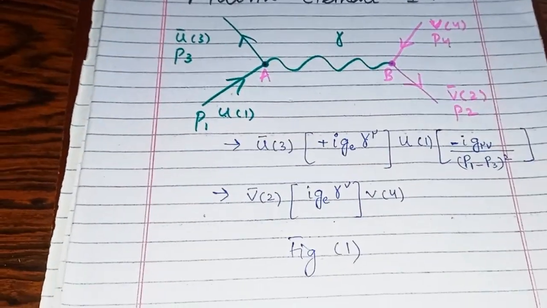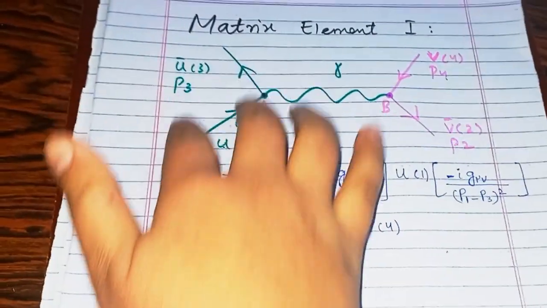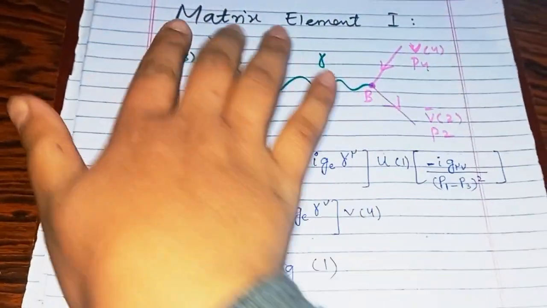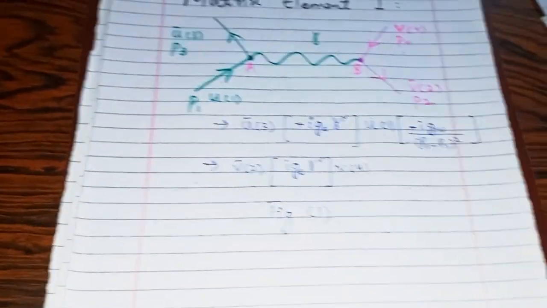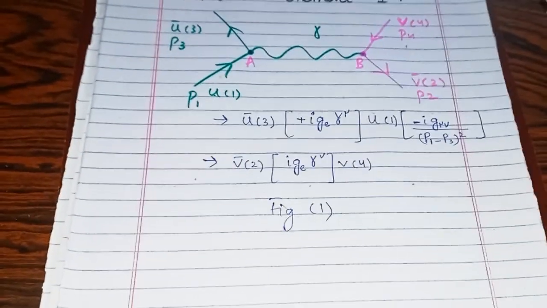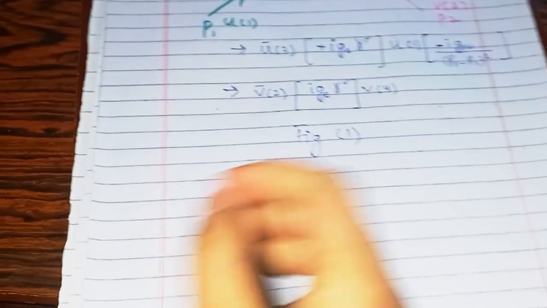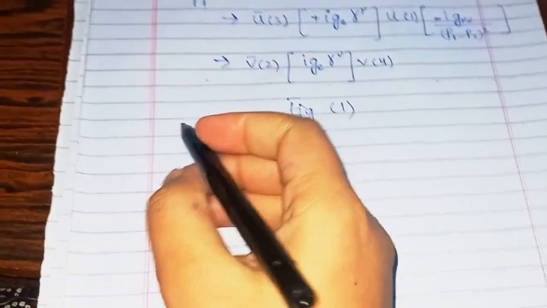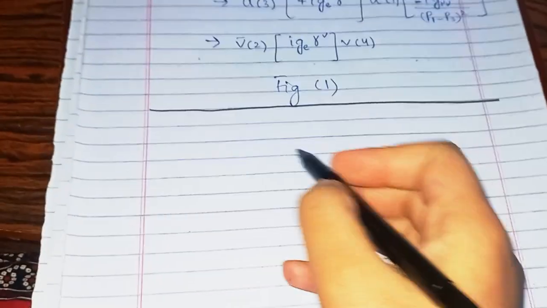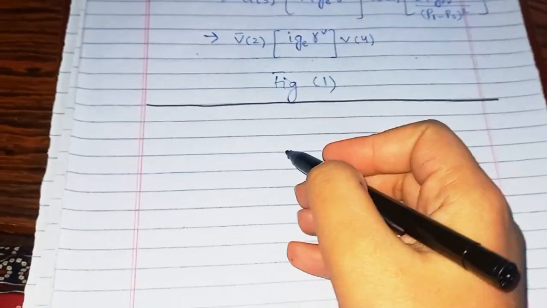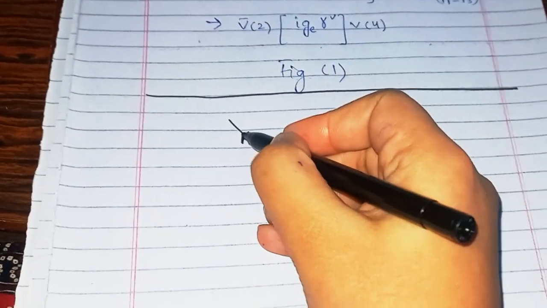All right, and we can see that we wrote this factor first, and then this. Okay, in the vertical Feynman diagram we have some different things. So let's write down the matrix element 1 for the vertical diagram. And we have this thing first.